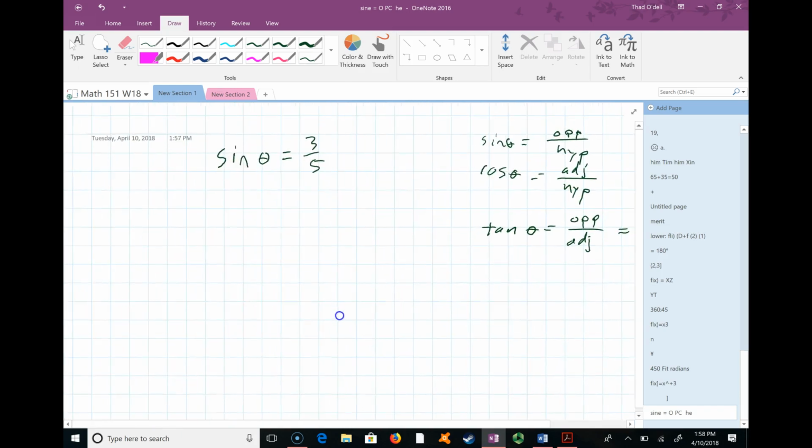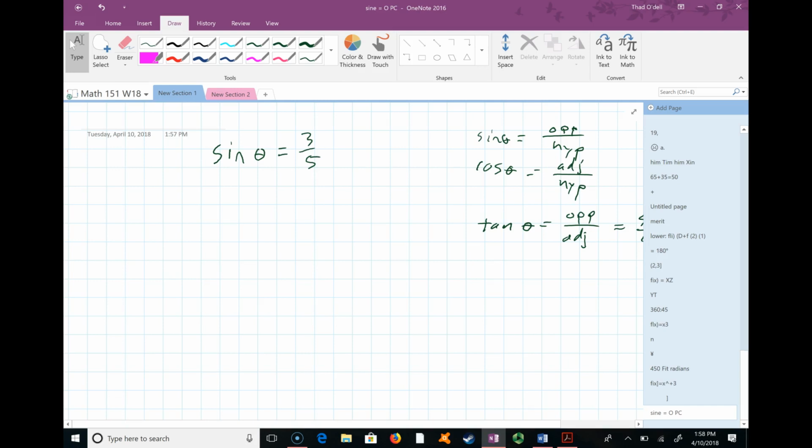Okay? So knowing that, when you see sine of theta equals 3/5, there would be a temptation to think that's opposite over hypotenuse. So that means that we must be thinking of a triangle where this is 3 and that's 5. But of course that's not necessarily true, because remember that sine, cosine, and tangent are ratios.